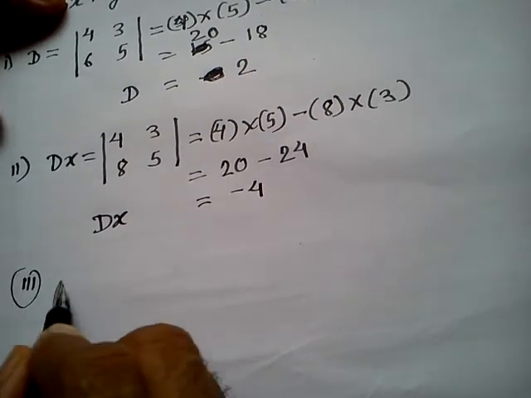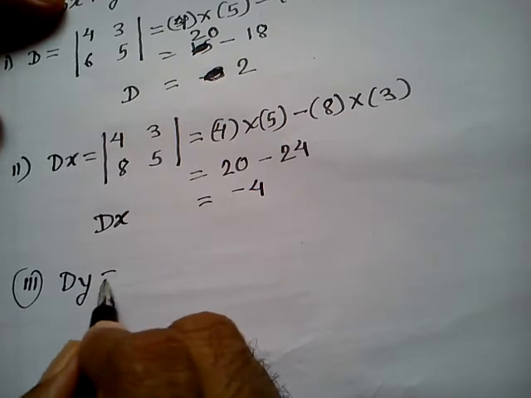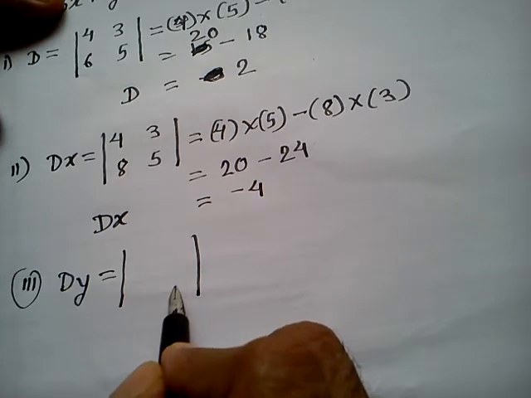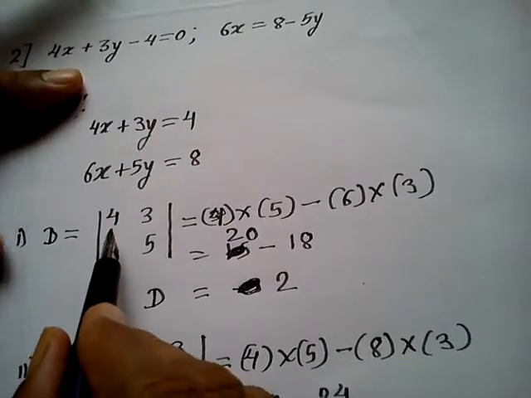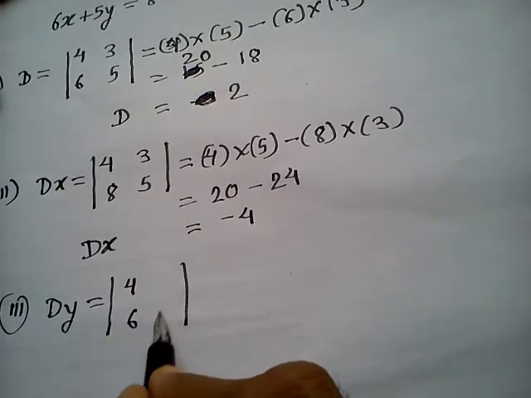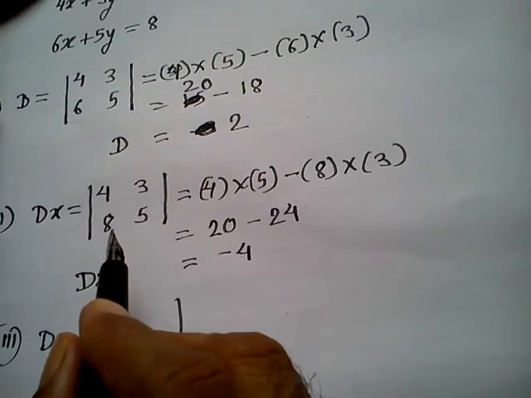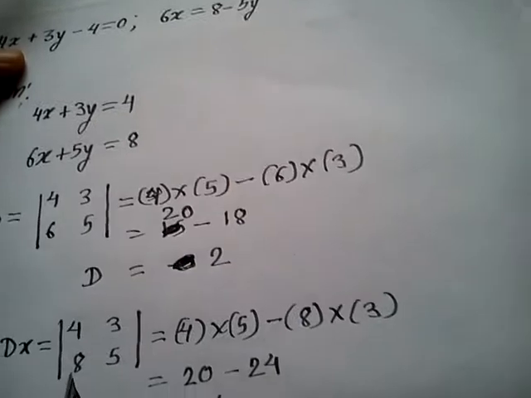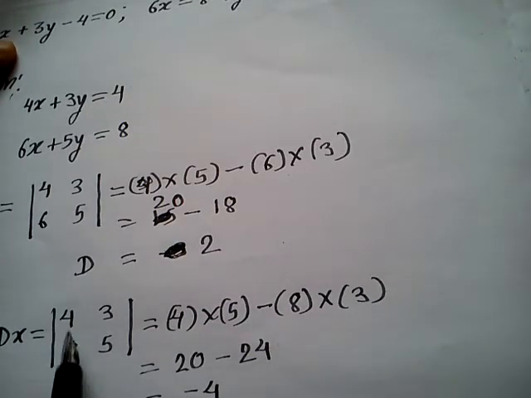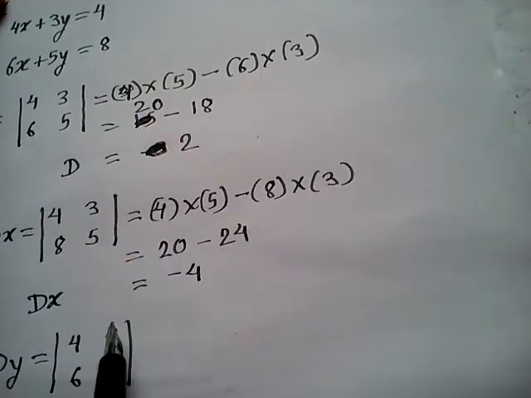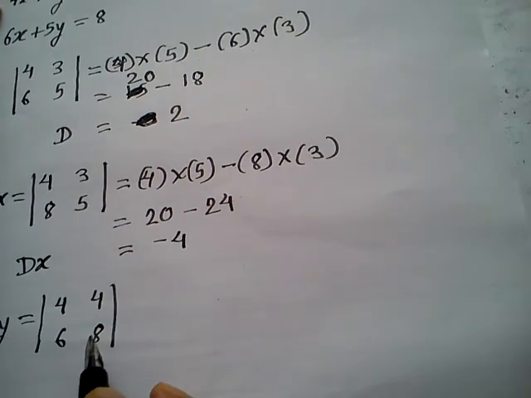Third step, dy is equal to, y we write here, x will be as it is from the first d, 4 6, value of constant, that is 4 and 8. Again check here in the d, we never write coefficient of x at the place of x. Here in dy we never write here coefficients of y. Instead of that we write constant terms.